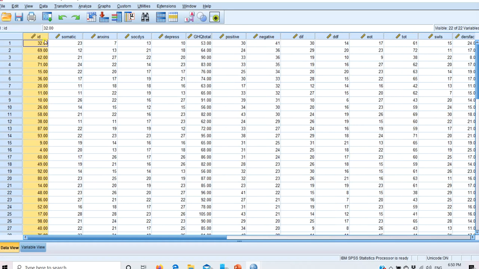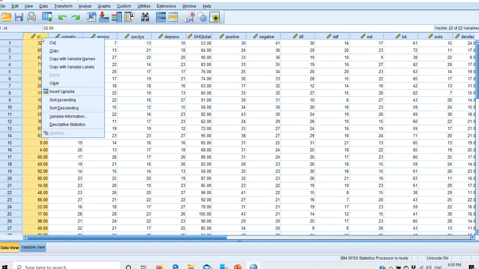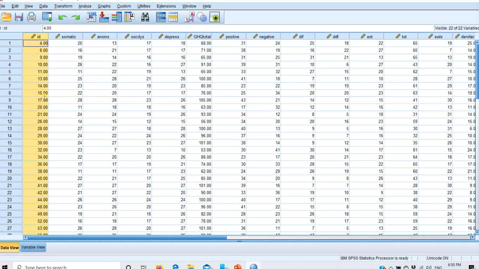To have this in the proper order, we will sort the ID ascending, then the case number will be in ascending order. Here is case number 20. And you are seeing a gap because I have not taken all the data, for demonstration purpose. I have taken a small data to demonstrate.